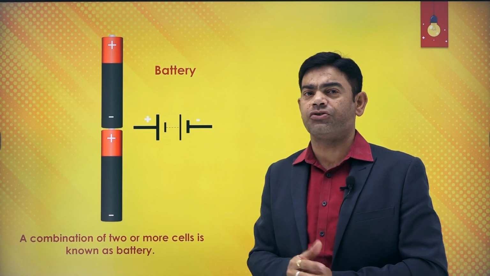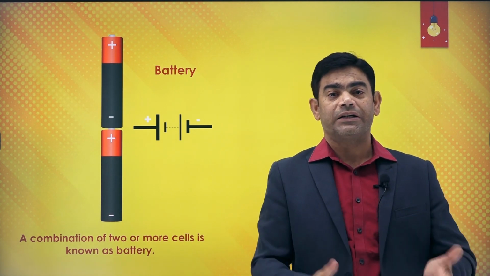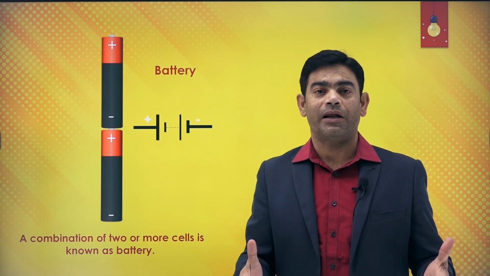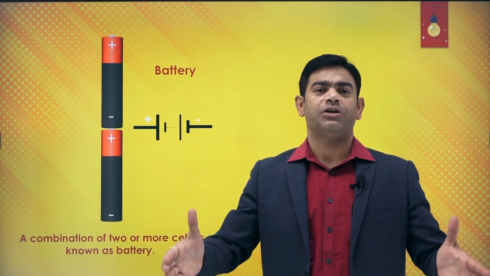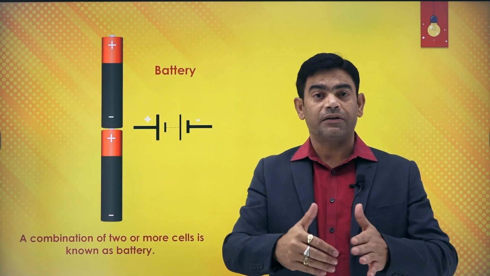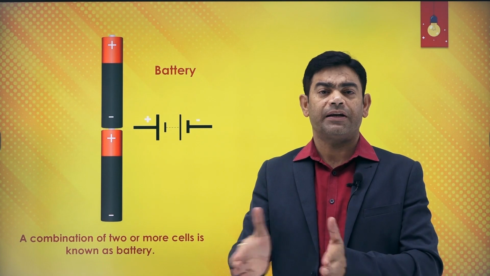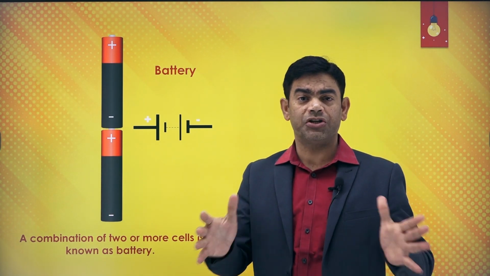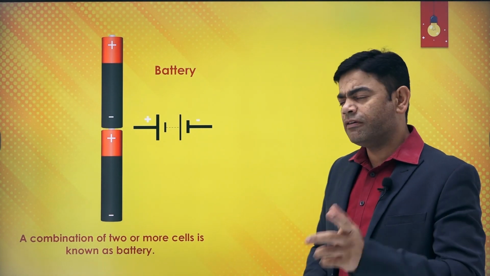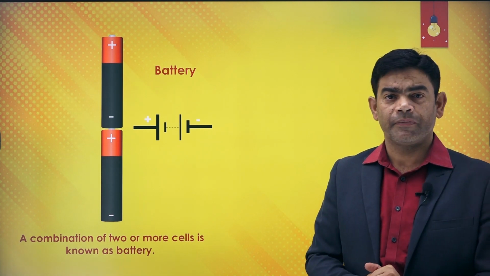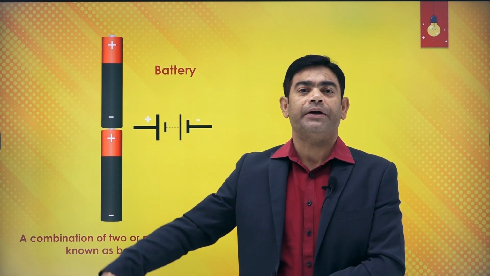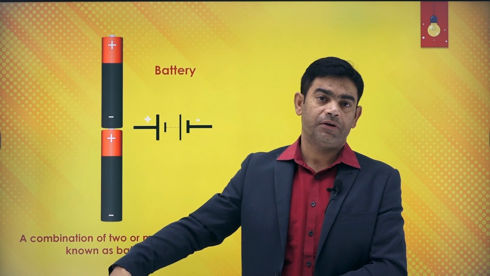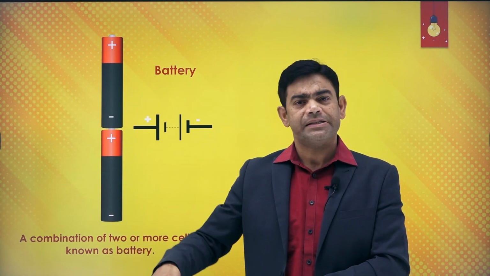Whenever you read about a battery, in vehicles, in a car or truck, we are using a battery, not a cell. It is a big box-type thing you must have seen. It has cells inside it. There are 4, 8, 12 cells connected in series, and that combination is called a battery. Even at your home, attached to the inverter we have a battery, not a cell. That battery has cells inside it.